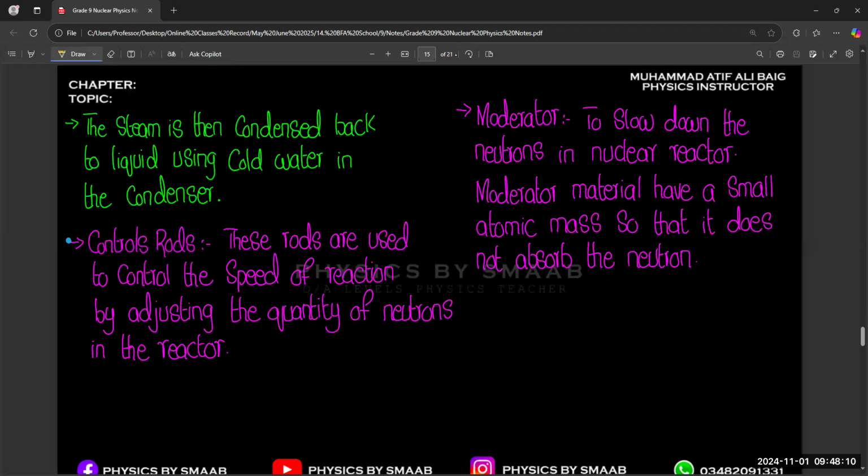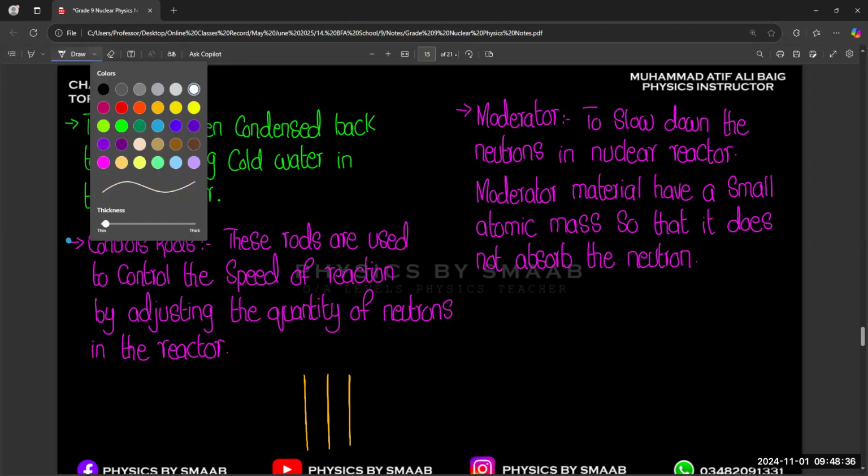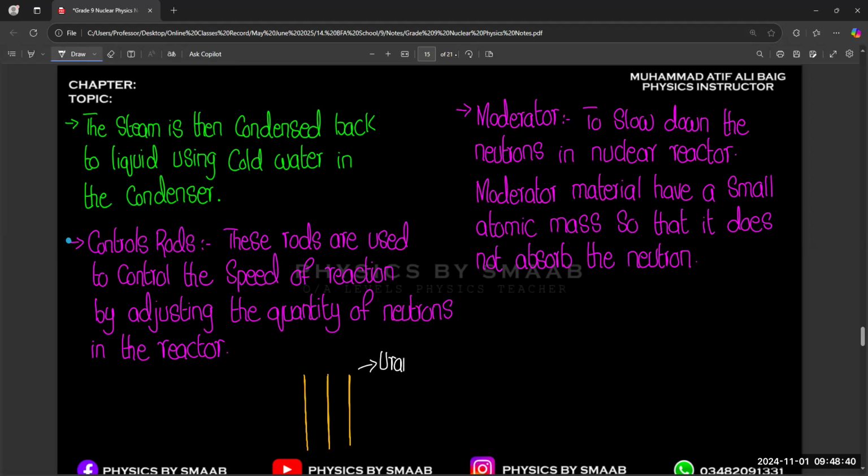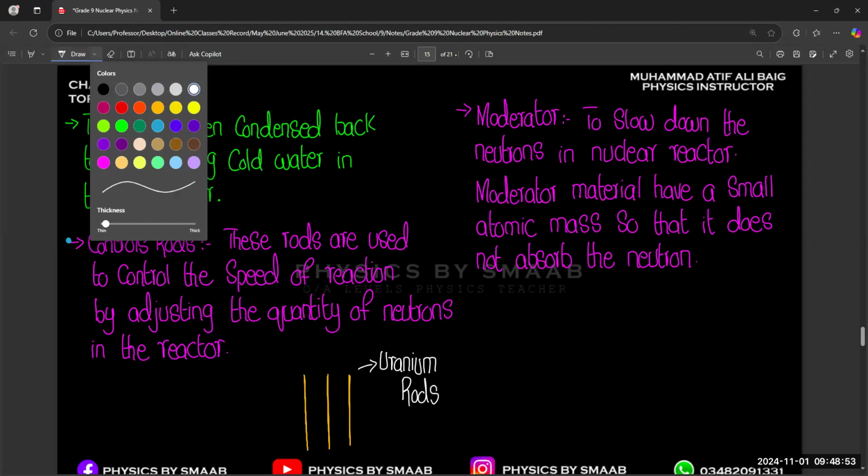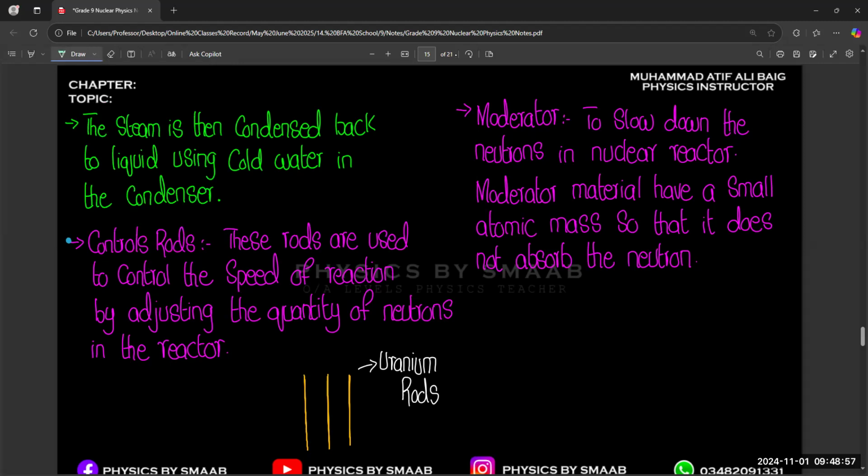So for example, if we have uranium rods in the reactor like this, so these are uranium rods, let's suppose, and we are continuously striking neutrons on these uranium rods, right?